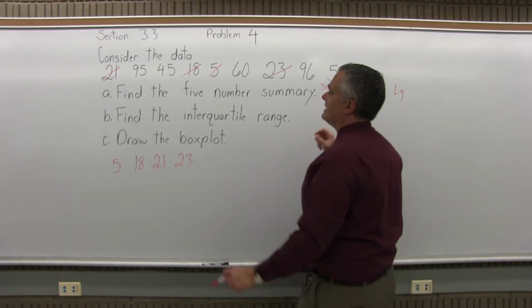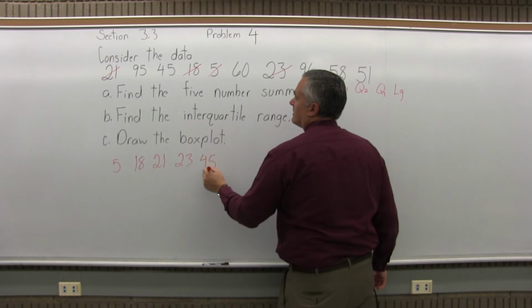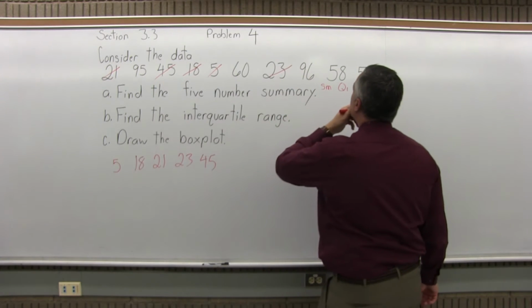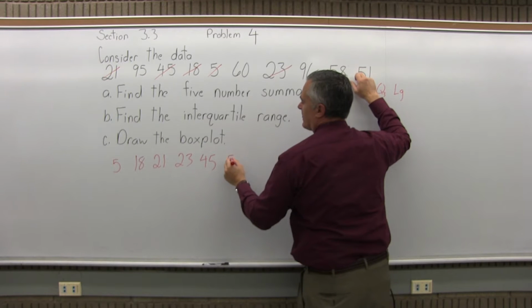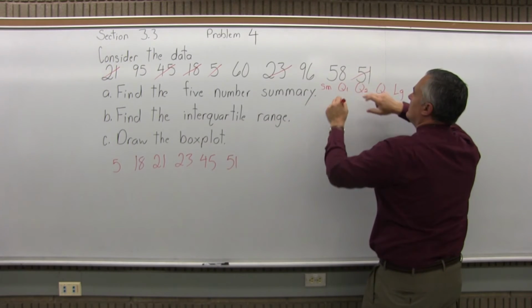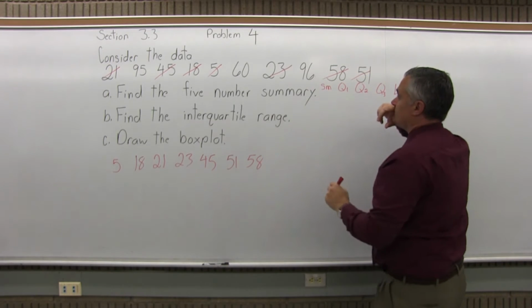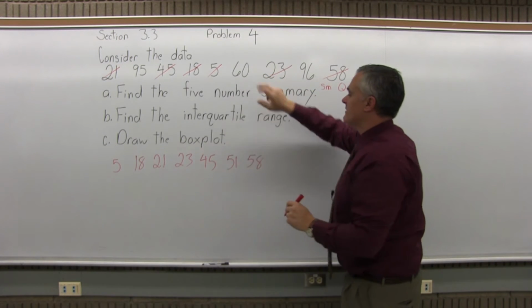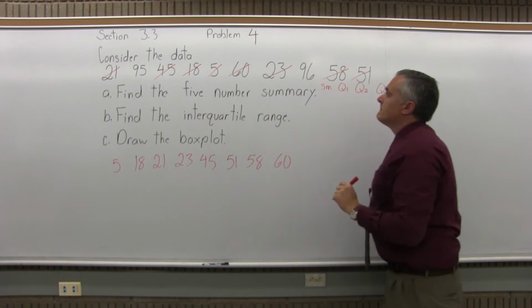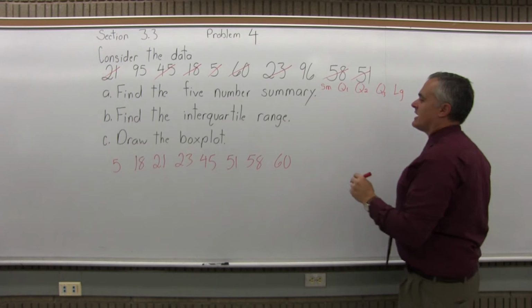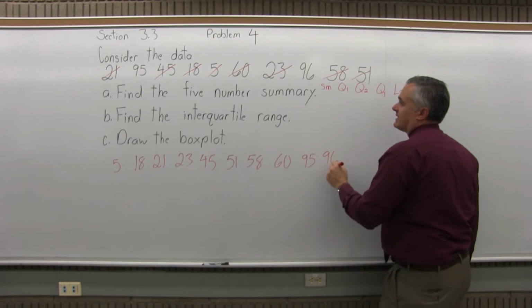The 40s, I do have 45. In the 50s, I have 2. There's 51, 58. For the 60s, one data value, I have 60. And then 2 in the 90s, 95 and 96.